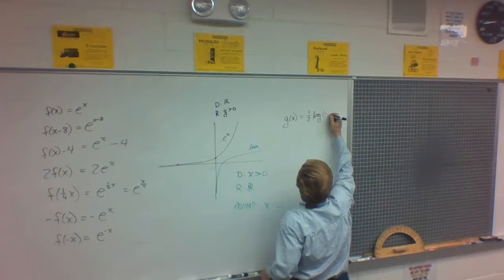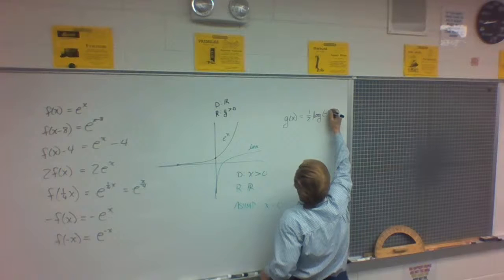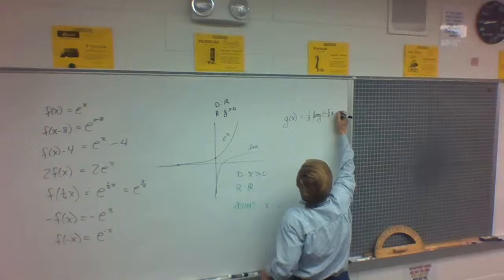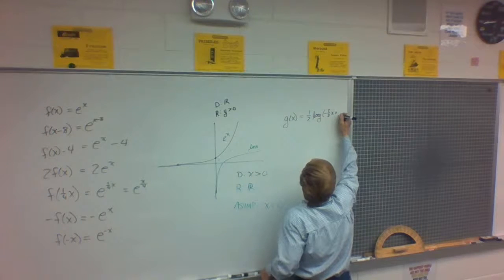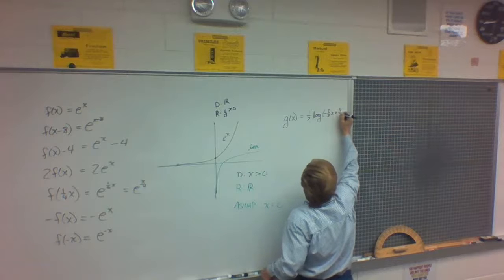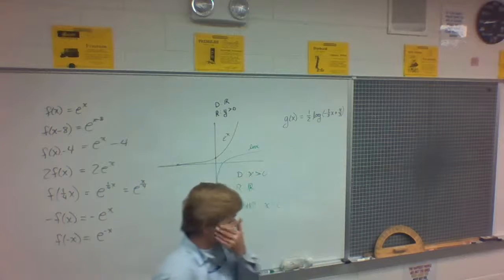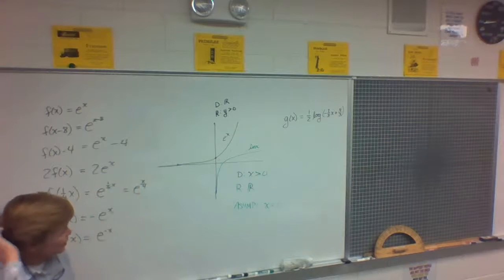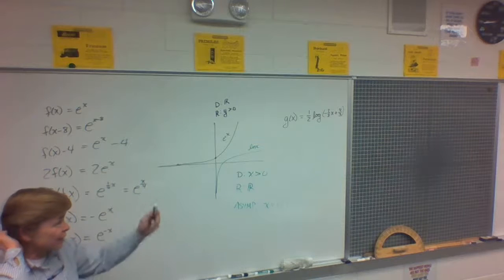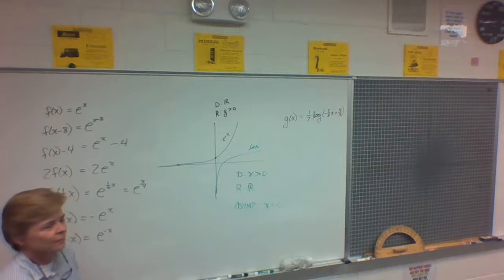See if you guys can handle this all at once. 1/2 log of negative 2/3 x plus 4/3. That's crazy. That's a nutty one there. If you can handle that with the fractions and the negatives and all that garbage, you'll probably be just fine with this section.